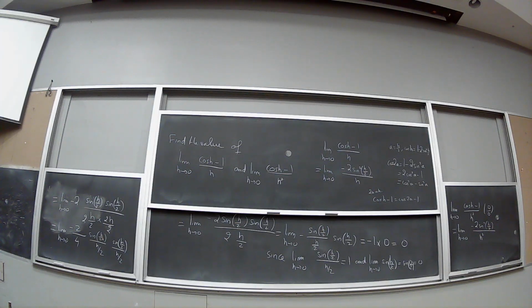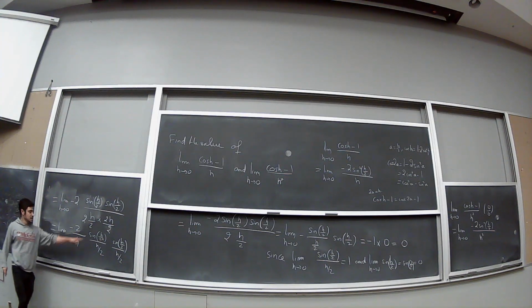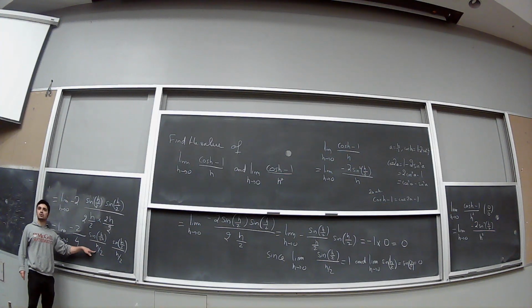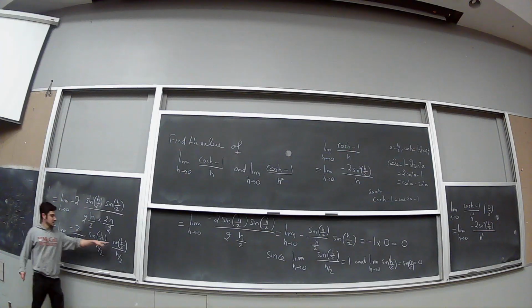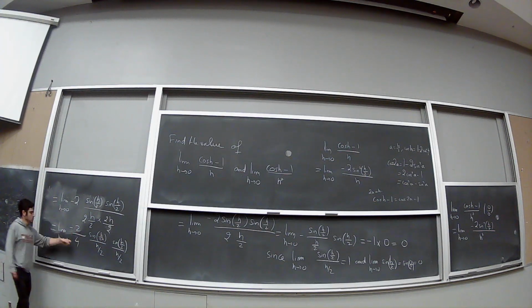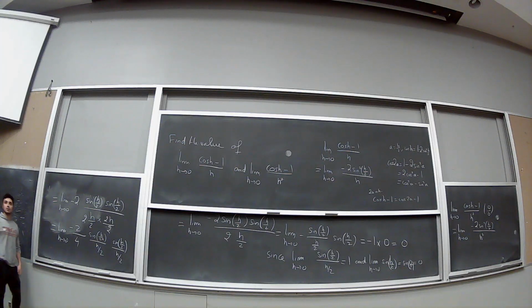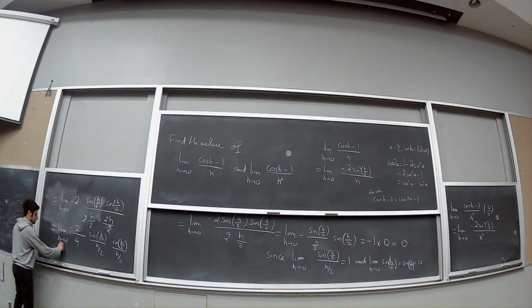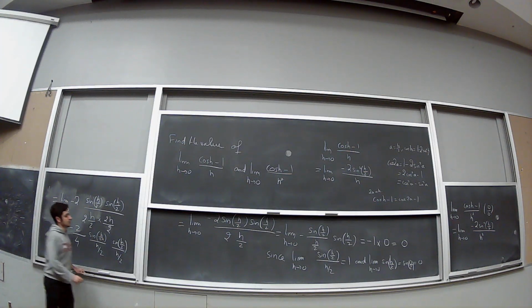What is this limit? Negative 1/2. Do we all see that? Sine h over 2 over h over 2, where does it go to? 1. Sine h over 2 over h over 2, where does it go to? 1. Minus 2 over 4, what is that? Minus 1/2.